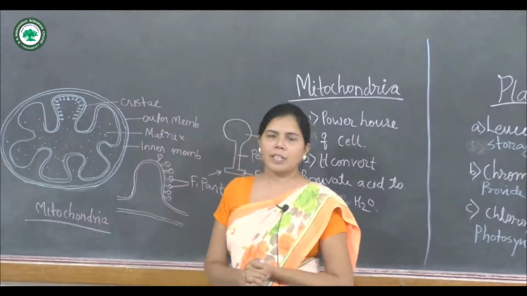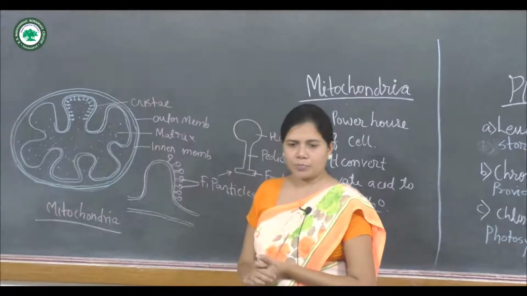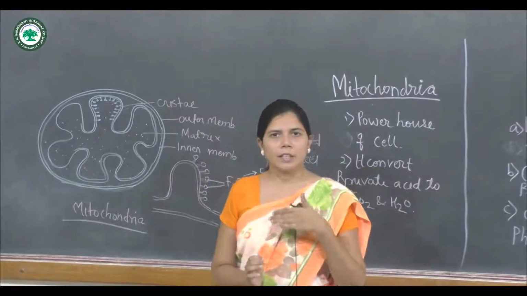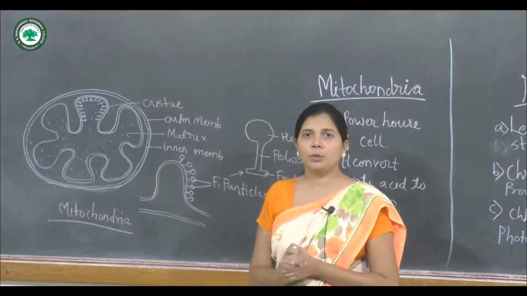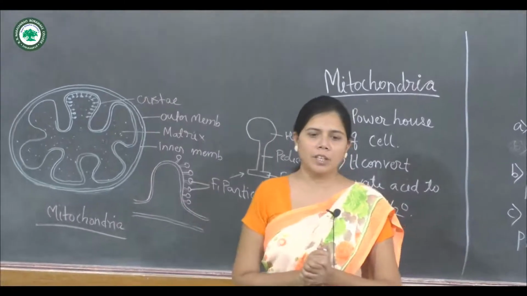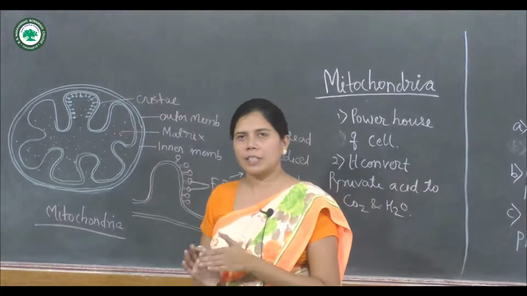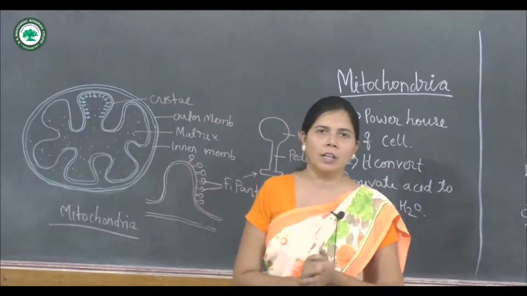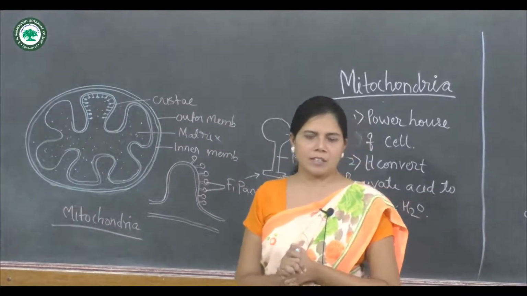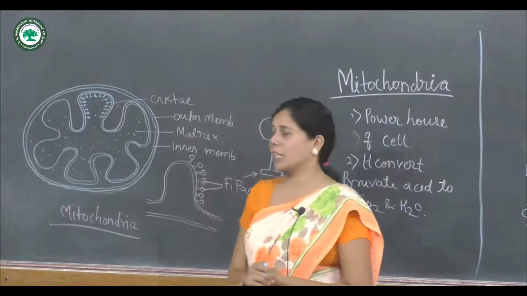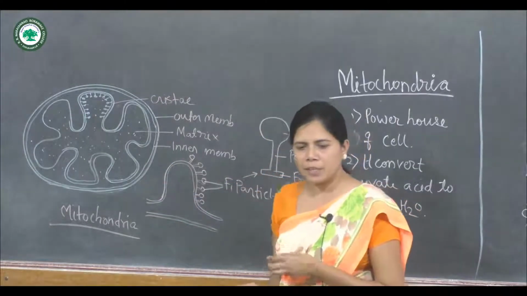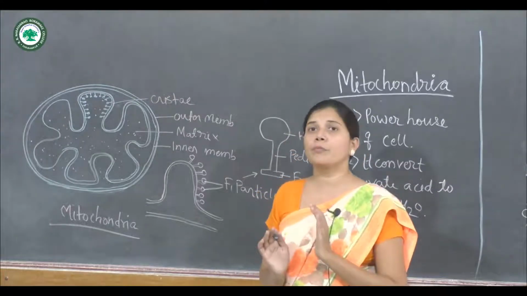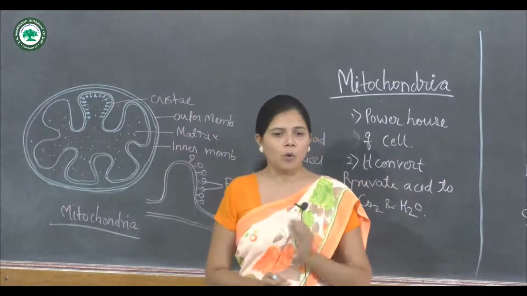The outer membrane is permeable in nature because it transports various metabolites due to the protein porin particles. The inner membrane is selectively permeable to a few substances only.